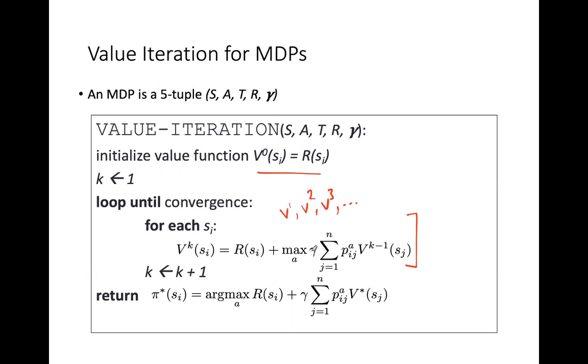Again, I will claim without proof that this sequence will converge to V star, the optimal value function, right? And once we've done that, we extract the true policy, because ultimately, what is most useful to the agent is having some direction on how to act in a given state. The value function doesn't give us that directly. So we need to perform this one additional step to extract the optimal policy from the optimal value function, right?